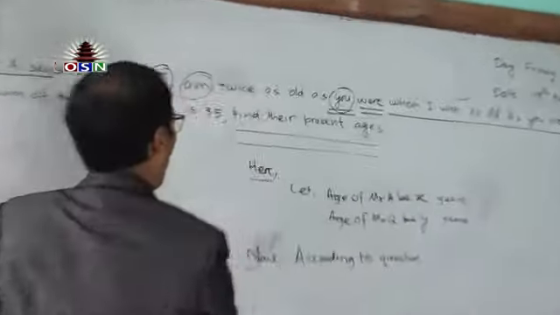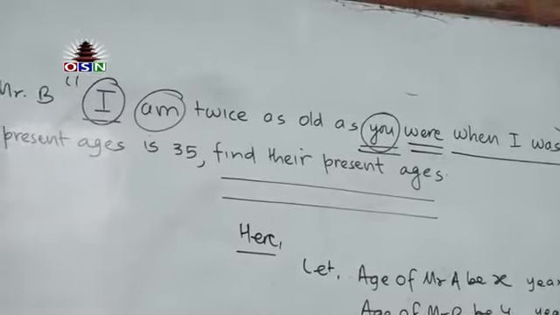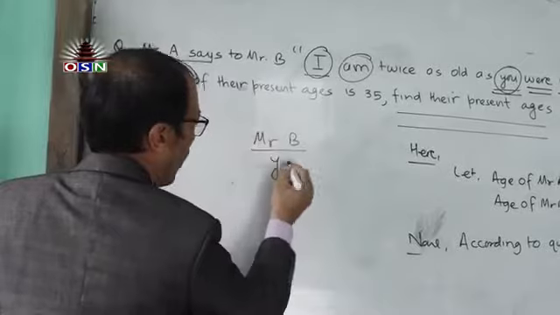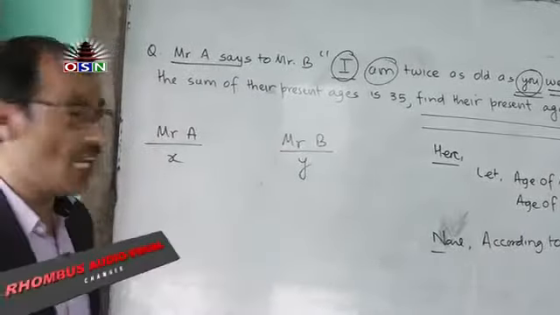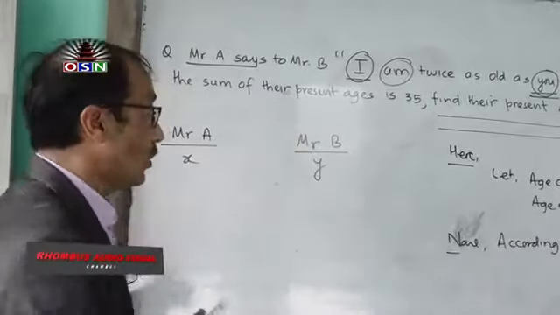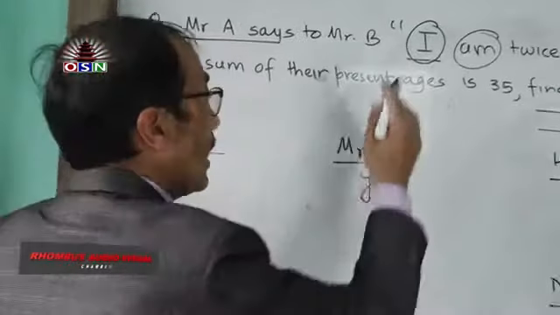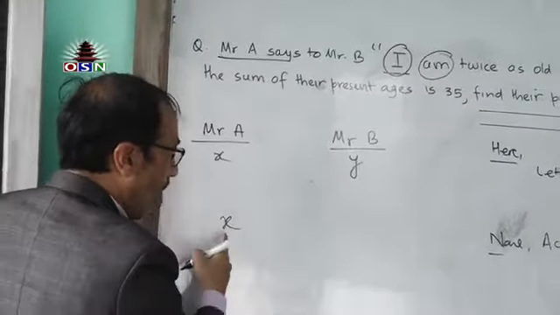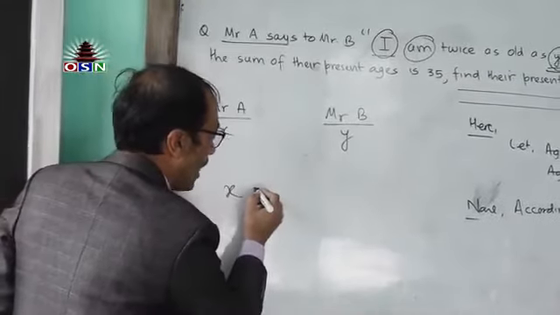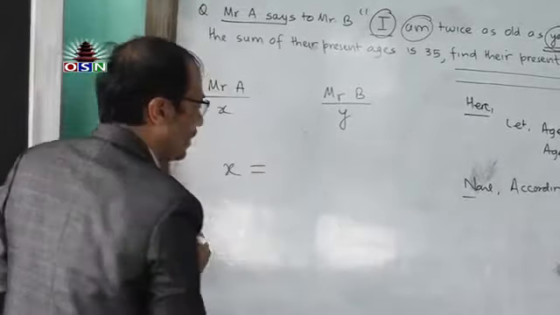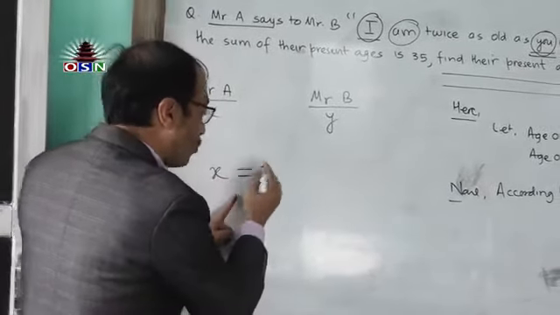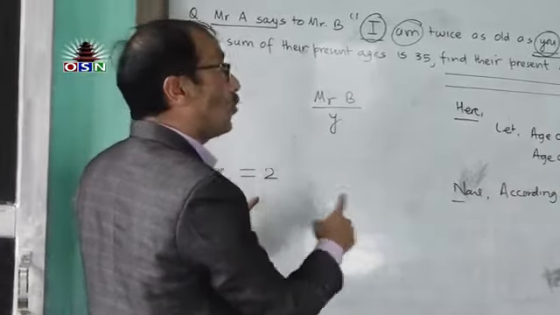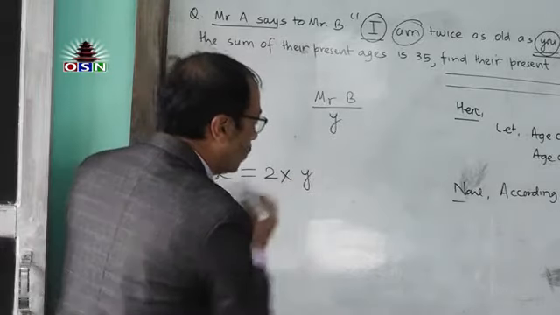I represents Mr. A. Mr. A is X years and Mr. B is Y years, but X and Y are the present ages of Mr. A and Mr. B. Here you need to understand tense also. I am means X years. Am is a verb, so there you need to write an equal sign. I am twice means you have to multiply by 2 times. I am twice as old as you means 2 times of you.